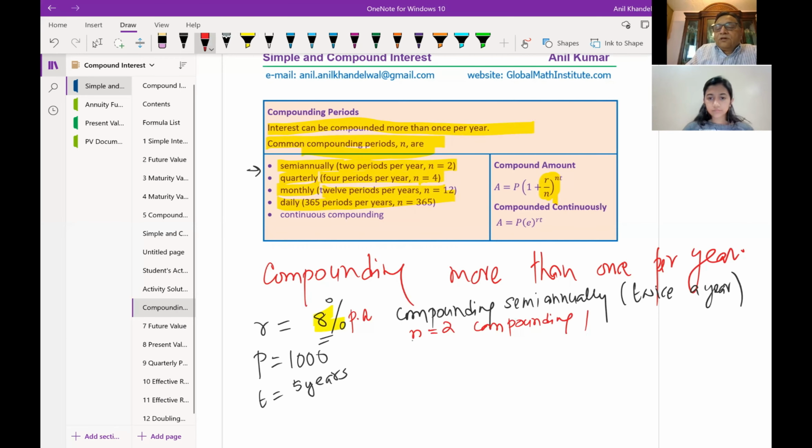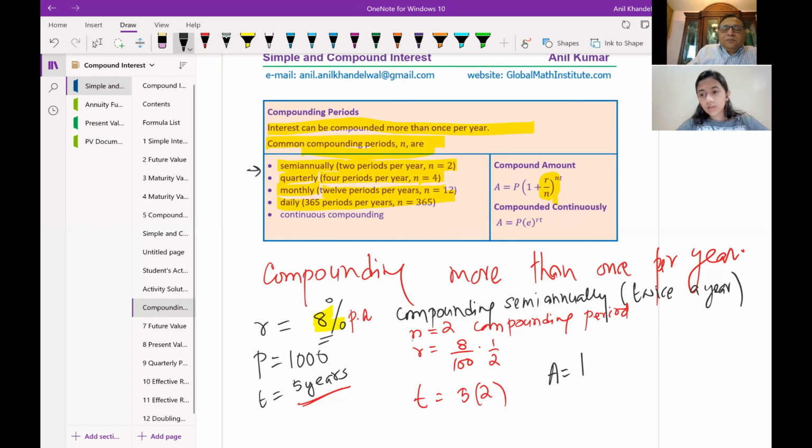Twice you do it, and therefore the rate of interest will be 8% divided by 2. And the time: the number of times it is compounded, 5 years times 2, because you compound it twice every year, becomes 10. And therefore the amount A will be principal P.